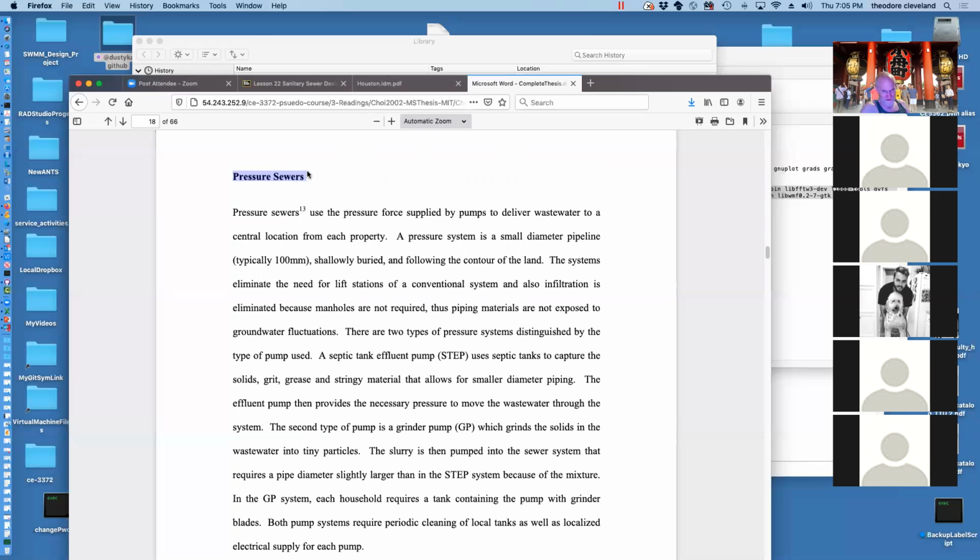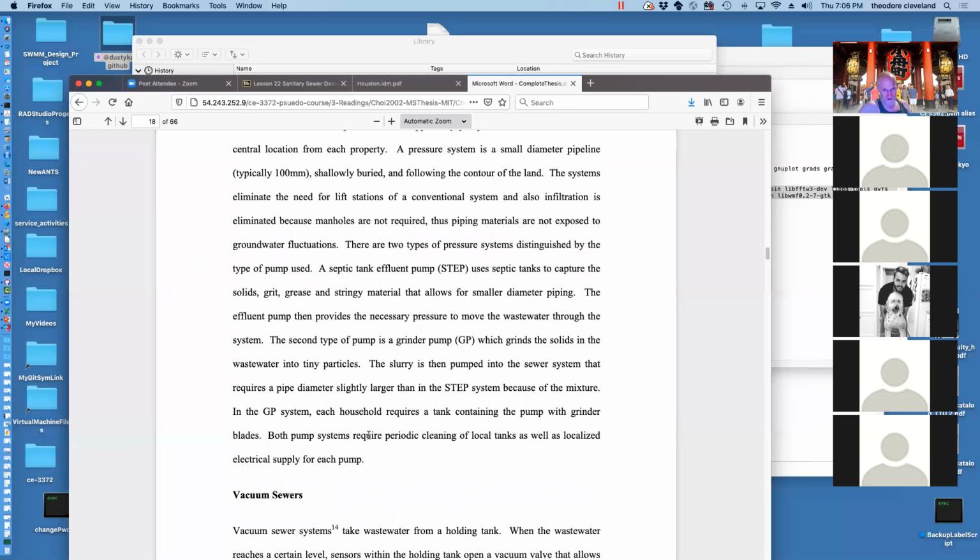The attractiveness of the pressure system is that smaller diameter pipes can be used. There's no concern about infiltration, because if there are any faults, the sewage is going to leak out, not in. The pipes don't have to be buried very deep, and you don't have to put much emphasis on slopes. They can follow the topographic surface because we're literally just pumping sewage to the treatment plant.